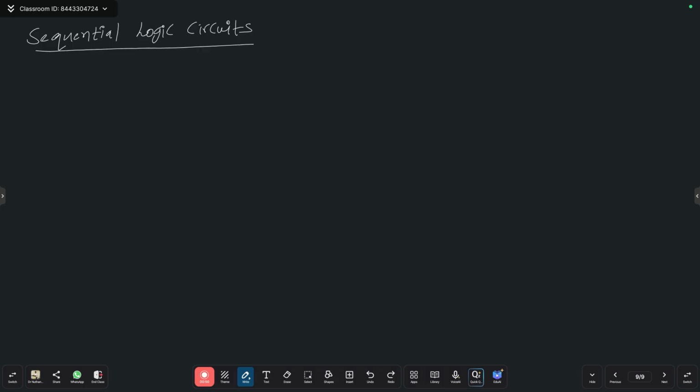Yes or no? But coming to sequential logic circuit, they improvised things along with input lines. It depends on state, the current state. That current state may have previous inputs also.